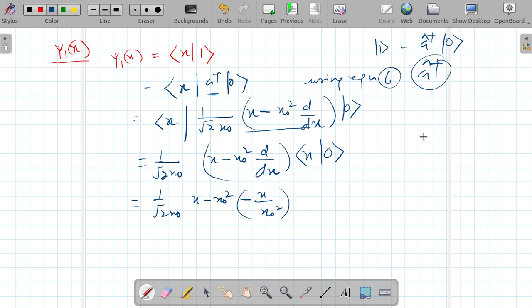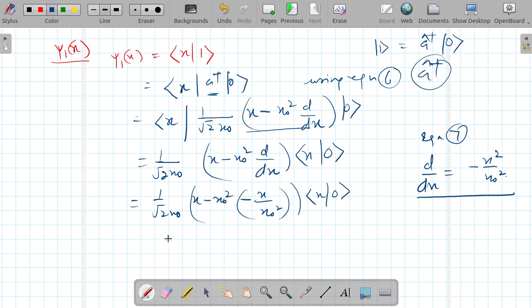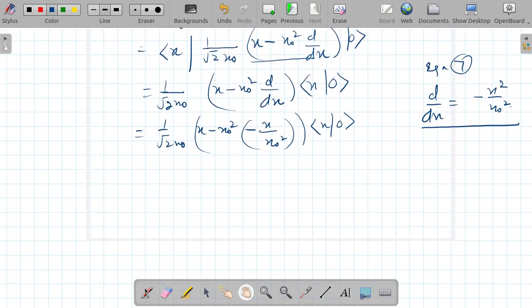Here I have used equation 7 to write the value of the operator d upon dx as minus x over x naught square acting on psi naught, right? So I have used that value in this part.